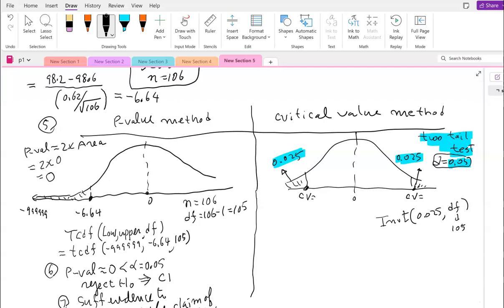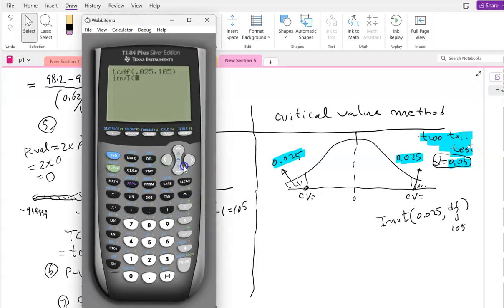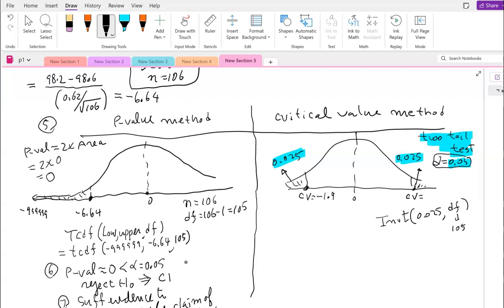So go to second bars, inverse t, and then 0.025, comma, 105. Then you get negative 1.98. So this is negative 1.98.